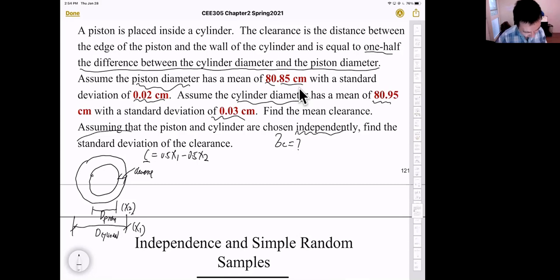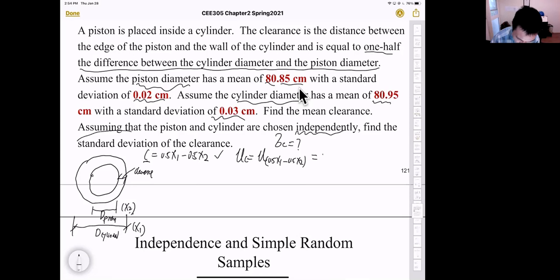We know C is equal to this equation, so sigma c is equal to sigma of 0.5 X1 minus 0.5 X2. Based on the equation, the constant is 0.5.